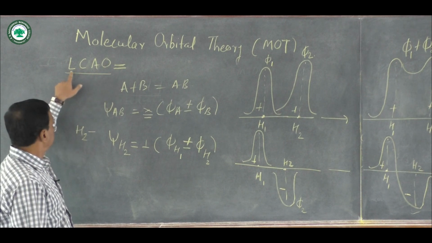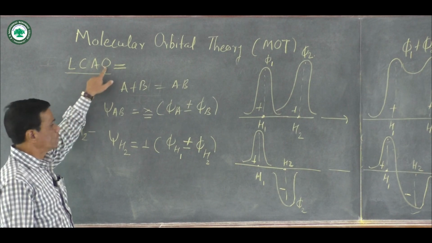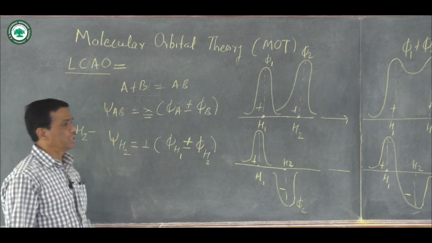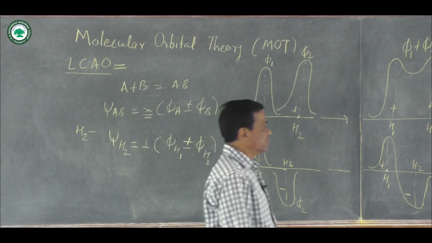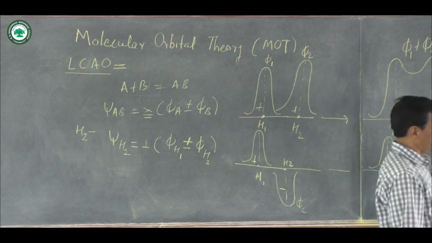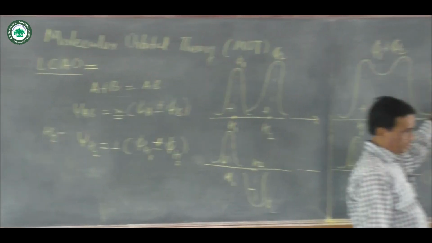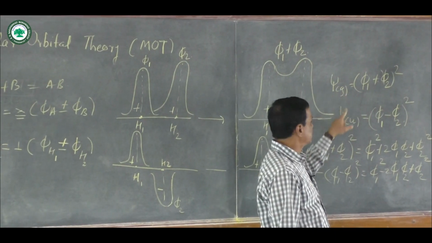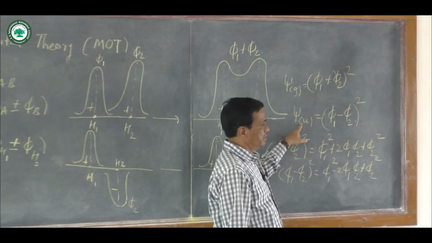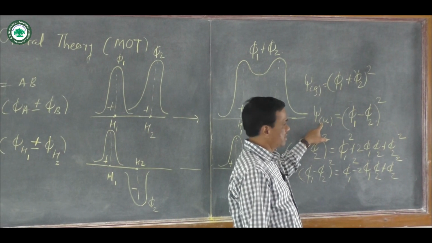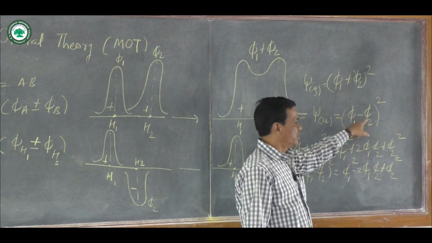In the linear combination of atomic orbitals, gerade and ungerade: gerade means there is addition, phi 1 plus phi 2, and ungerade means there is subtraction, phi 1 minus phi 2.